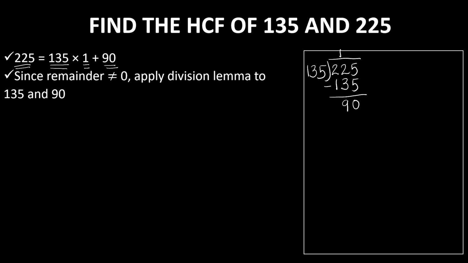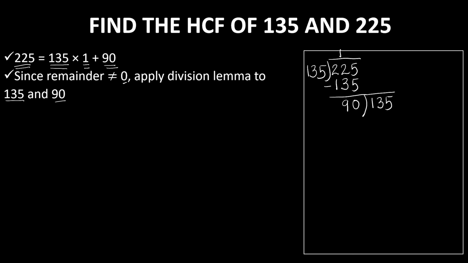Now since here remainder is not equal to 0, therefore we will apply Euclid's division lemma to 135 and 90 again. Here we will consider 90 as our divisor and 135 as our dividend. So what are we doing?